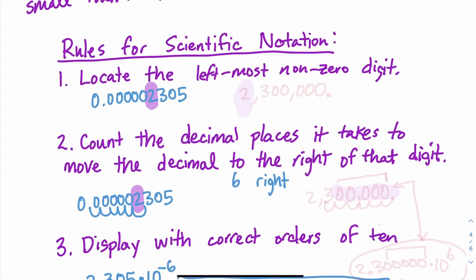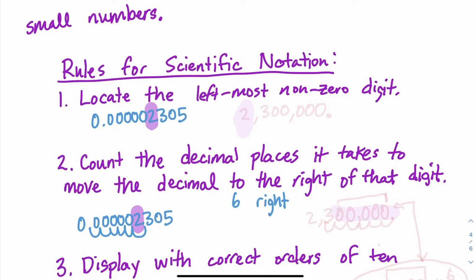If I were to, and I'm going to go very quickly through this, but if I were to have 2,300,000, in this case, I would realize that although we don't show it generally, the decimal point is placed right here. So what we can do is we first find the leftmost non-zero digit.